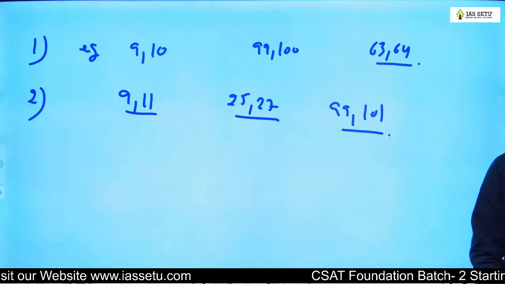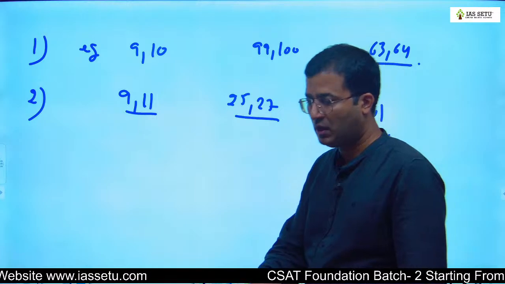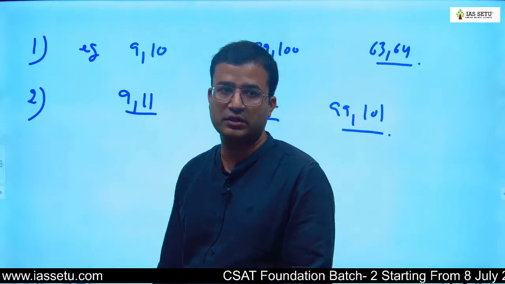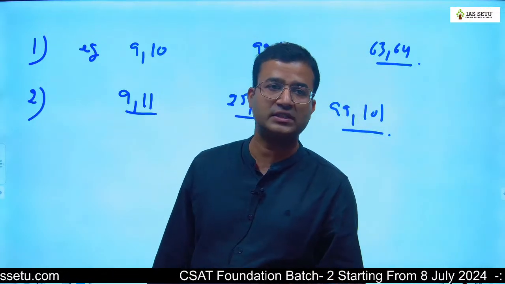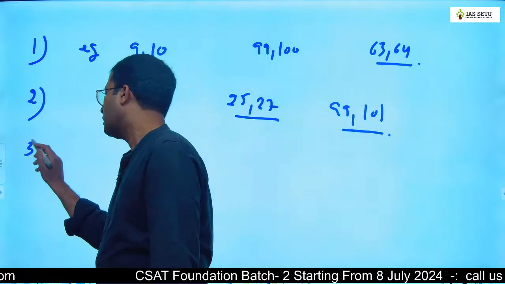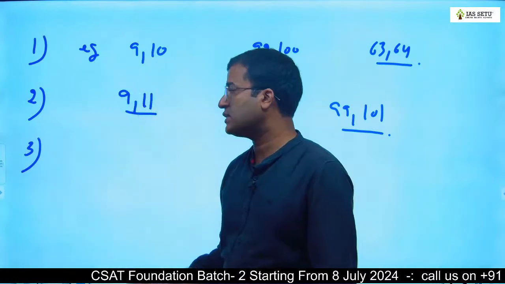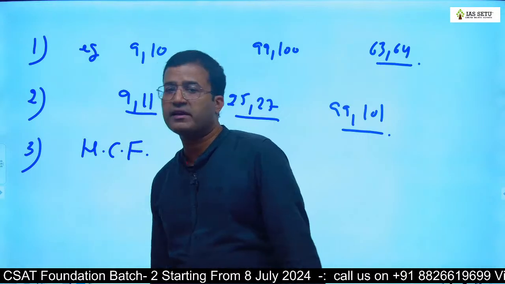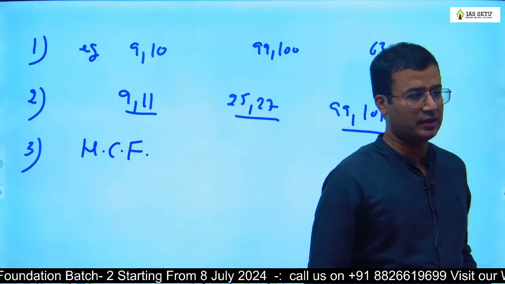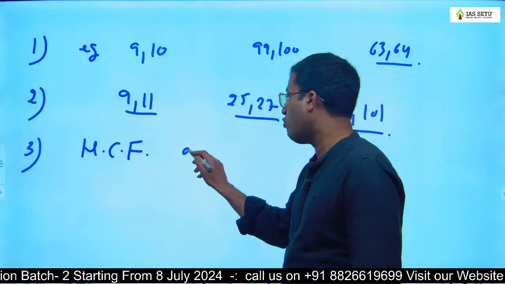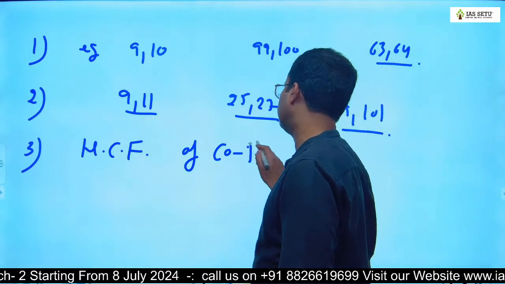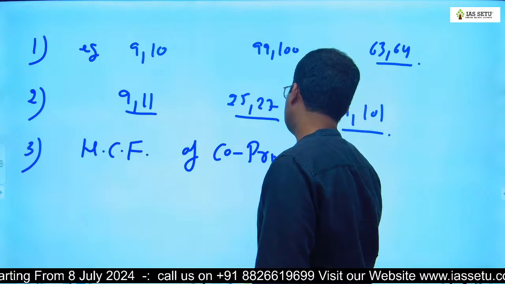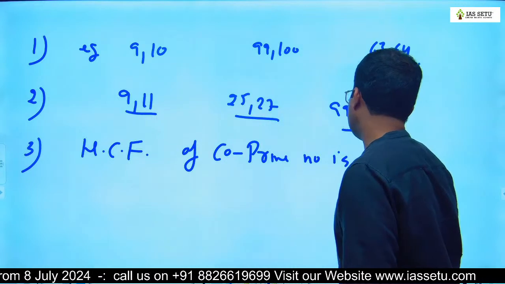I give you two more properties which you learn after 15-20 minutes. Category 1 students, those who already know what is HCF, LCM, you already know. Third property is HCF. HCF stands for highest common factor of co-prime numbers is always 1.